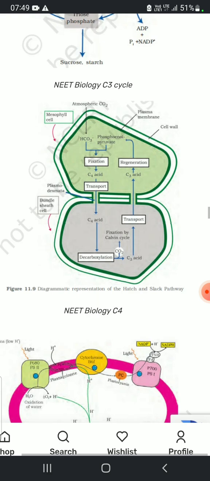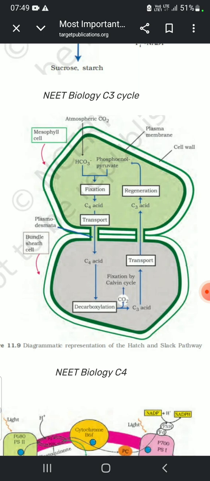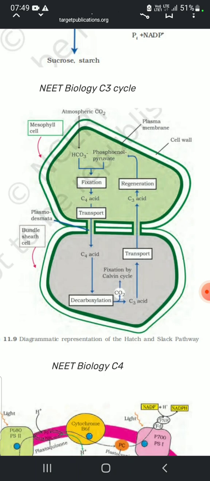Next we have the Hatch and Slack pathway. So we have a mesophyll cell, then a bundle sheath cell. In the mesophyll cell we can see the plasma membrane, and outside is the cell wall. Atmospheric CO2 in the form of HCO3 minus and PEP, which is phosphoenolpyruvate, combine, and fixation occurs.